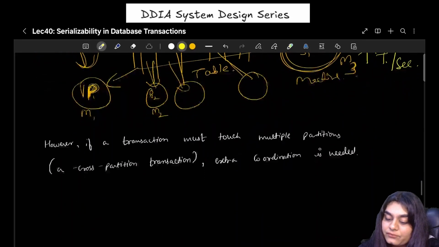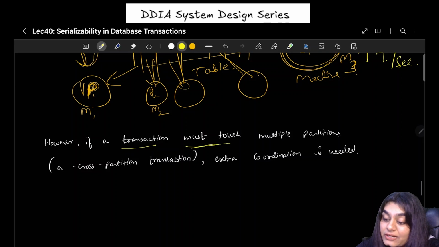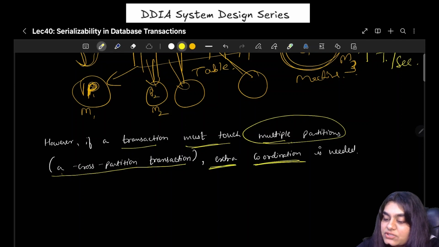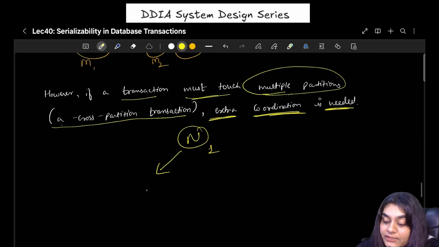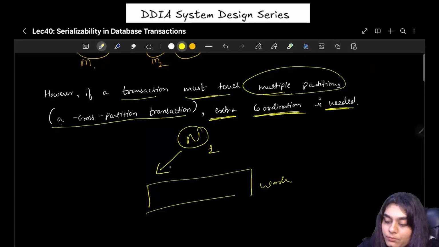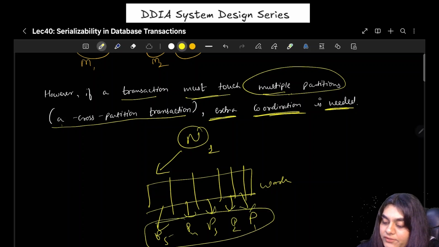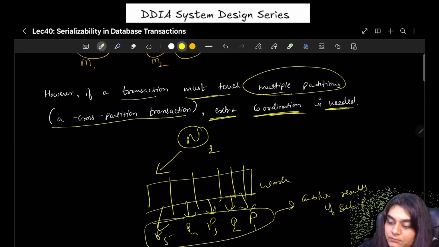However, if a transaction must touch multiple partitions, that is a cross partition transaction, and extra coordination is needed. Typically one node acts as a coordinator and it splits the work into multiple partitions, sending the work to each partition, and then it combines the results of each partition.